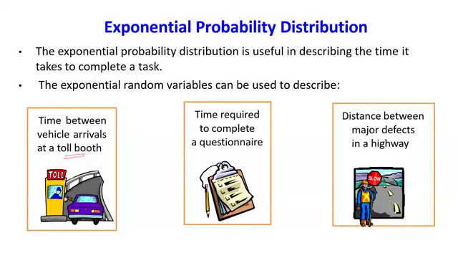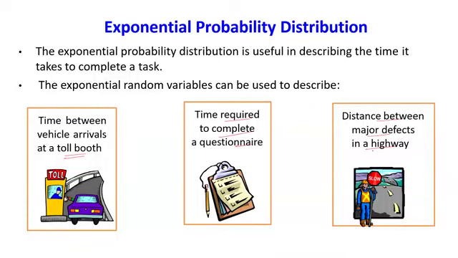Now this is a different scenario than Poisson. Here we are calculating the time between two events occurring, and based on that time, we can make decisions. Now this time will be continuous. It can take any decimal value. For example, the time required to complete a questionnaire, or the distance between major defects in a highway.